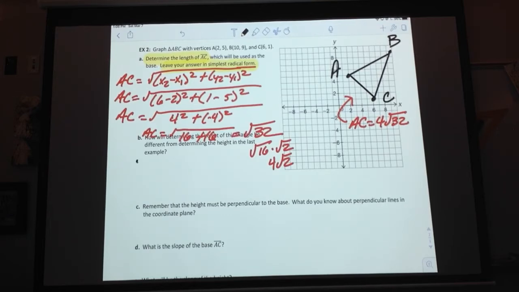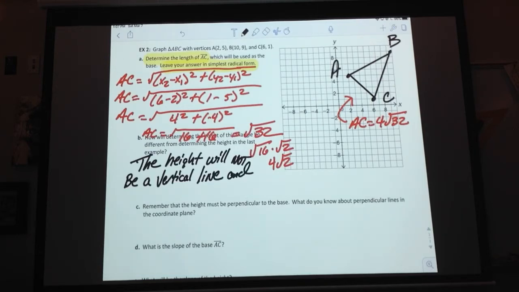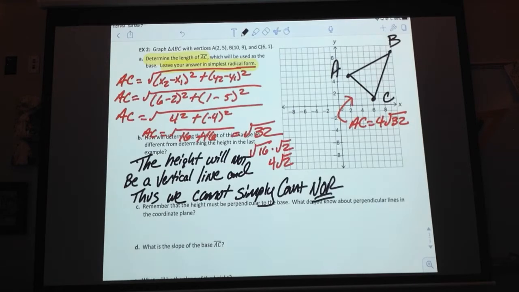So the height, in this case, will not be a vertical line, and thus we cannot simply count, nor draw it in.